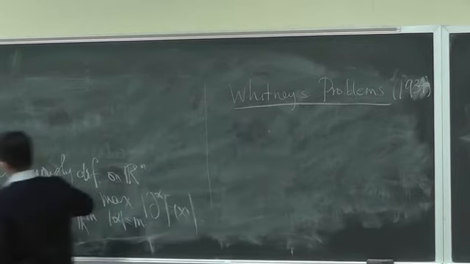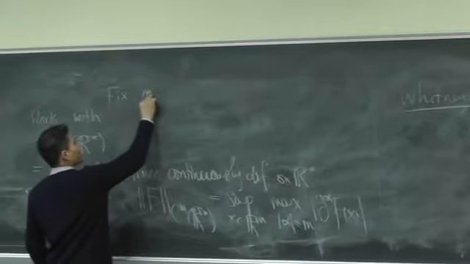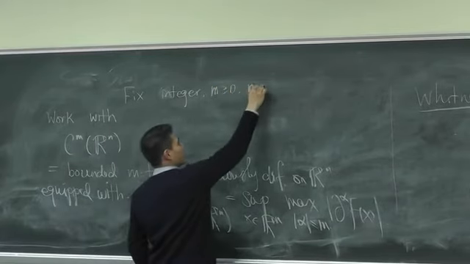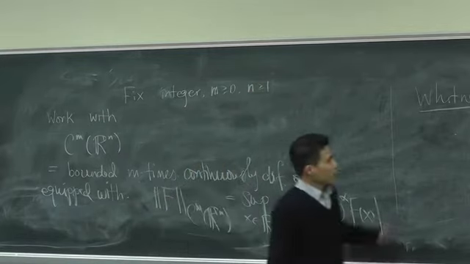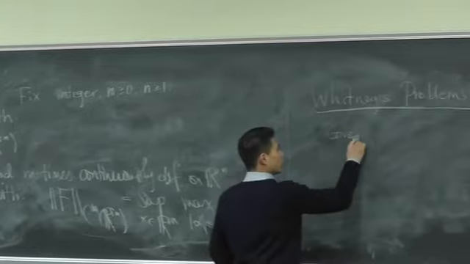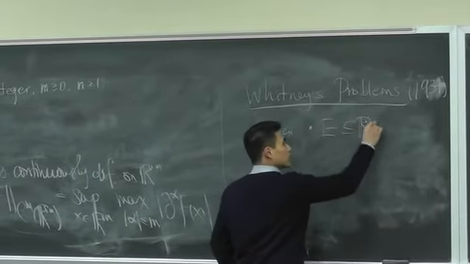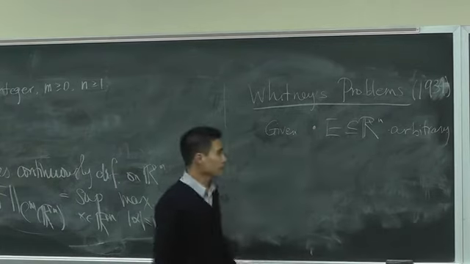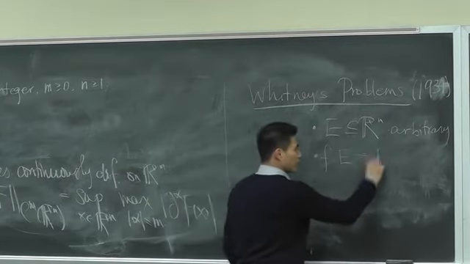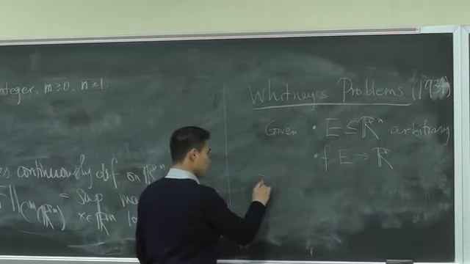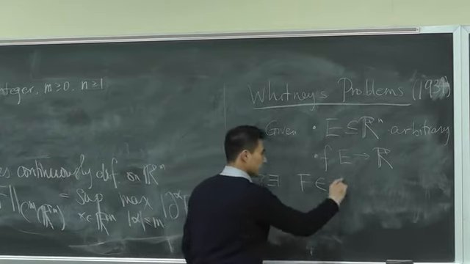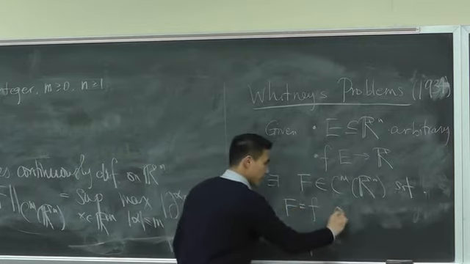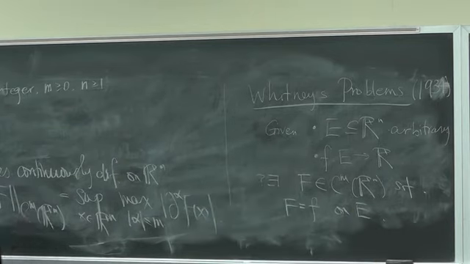Throughout this talk, we fix integers m and n. Given an arbitrary subset E of R^n, so we are not assuming anything special about the set E, it's just any subset of R^n, and a real valued function f on it, we want to know whether there exists an F in C^m(R^n) such that F agrees with little f on E. Okay, so that's the decidability problem.